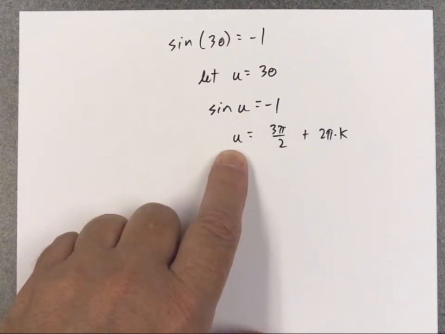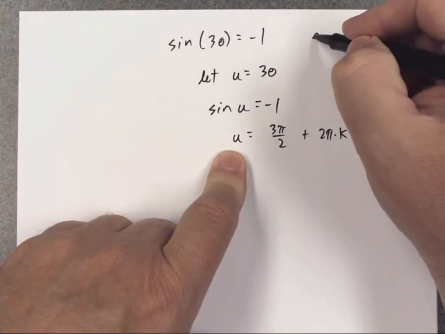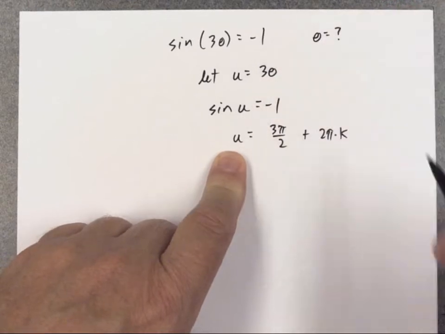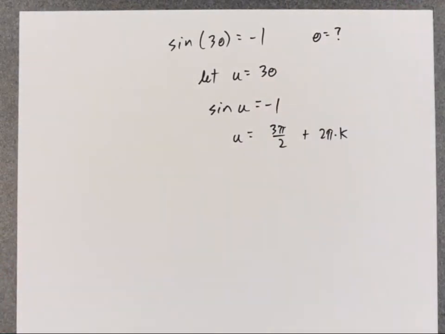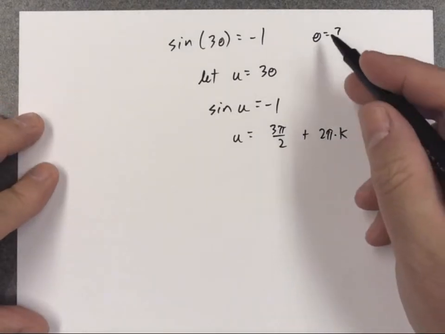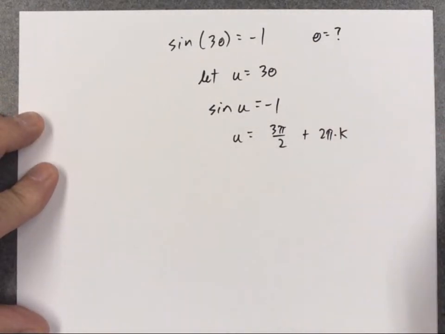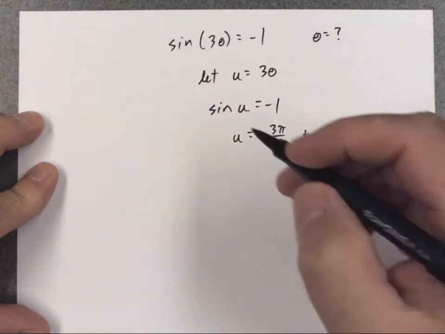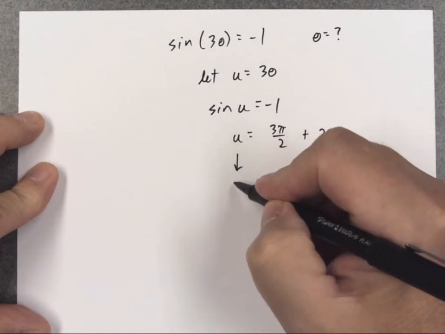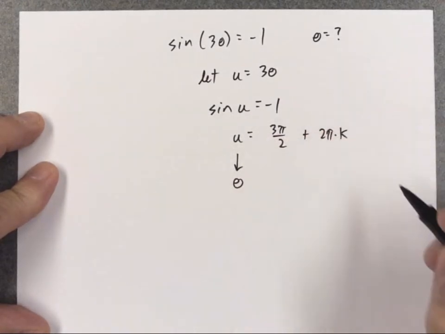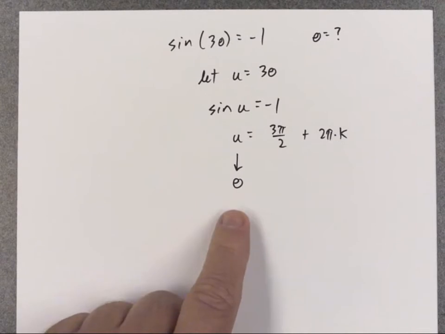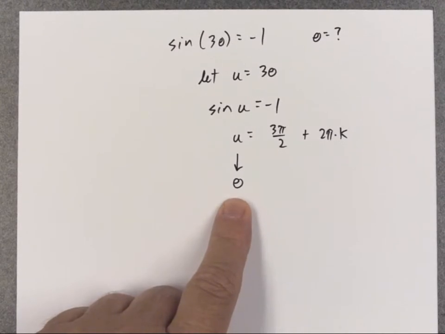I have an answer for u. But the problem is I want to find the answer for theta. Once I have a solution for u, I want to take that solution and somehow convert it back to theta.